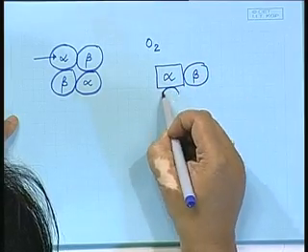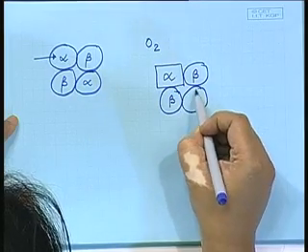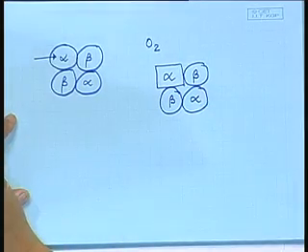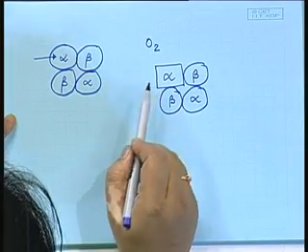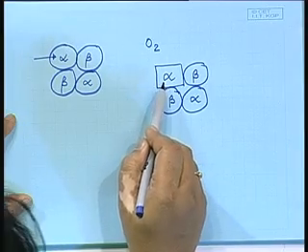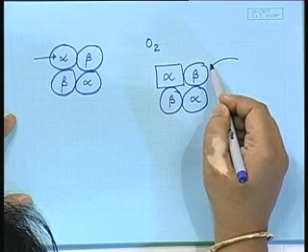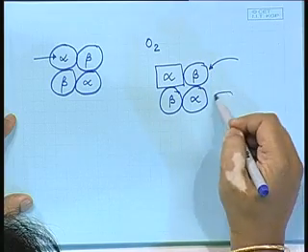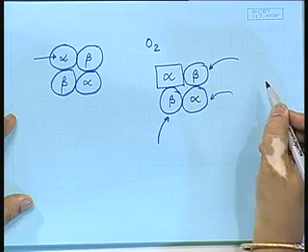So, then we know that it is that alpha that has bound the oxygen to it, okay, because it has a slight conformational change. Now, due to this oxygen being bound to this alpha, this will assist another oxygen being bound to the other subunits of hemoglobin.